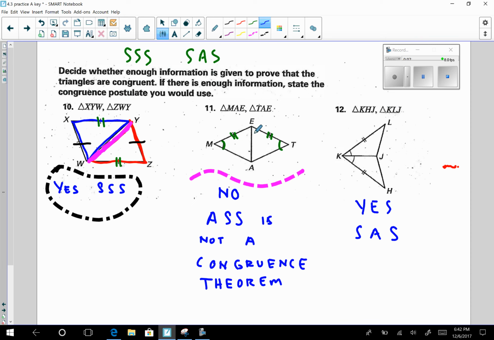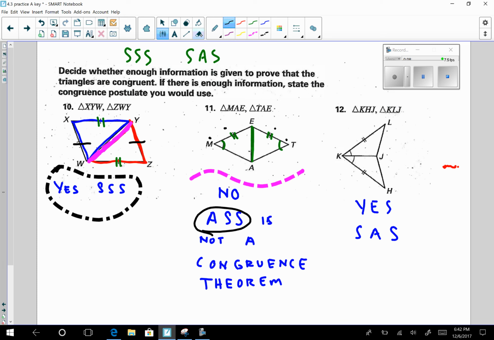Oh, and they both share this side AE. But angle, side, side, because that's what we have, angle, side, side, is not a congruence theorem. So I cannot prove those two triangles are congruent.